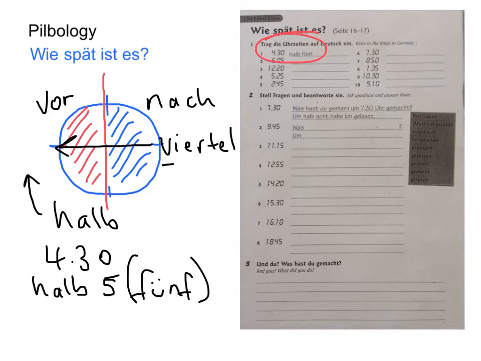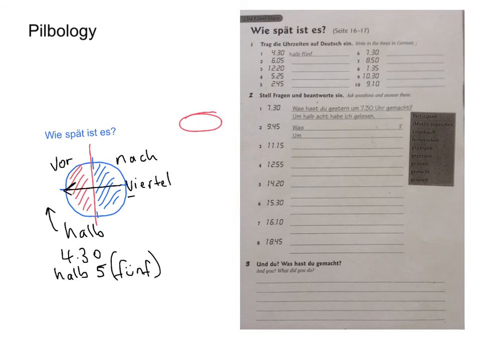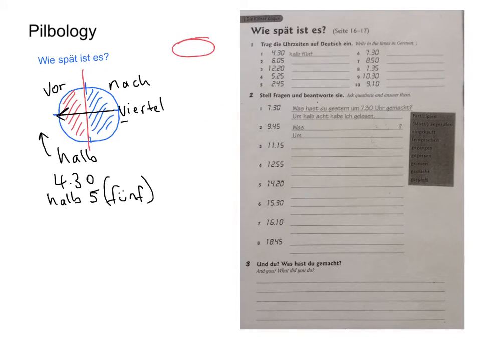The other way, of course, which is worth noticing, is if we take the same time, 4:30, of saying es ist, it is, 4 Uhr 30.